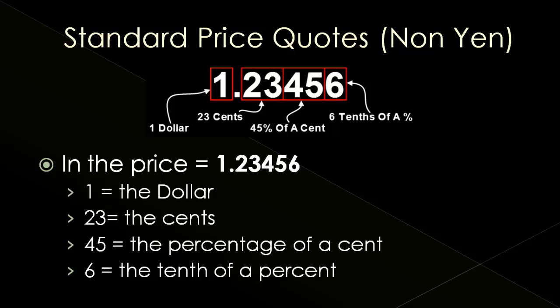On the extreme right-hand side, you can see the 6, and what that represents is 6/10 of a percent. So price is really broken down into its smallest denomination. We're familiar with $1.23, but in the currency market, it's broken down a lot further into percent of a cent and tenths of a cent. The 1 cent difference from 1.23 to 1.24 can be broken down into percent, and that's what the 45 is. It's almost 23.5 cents.